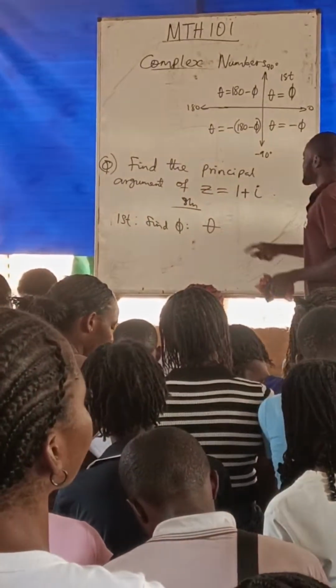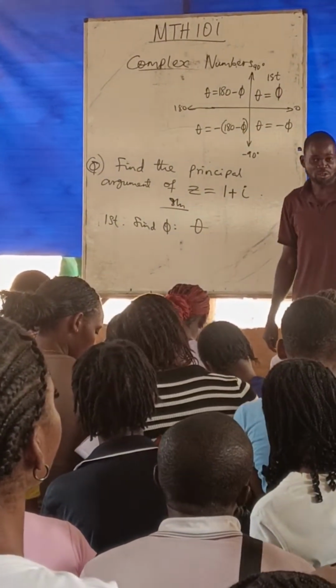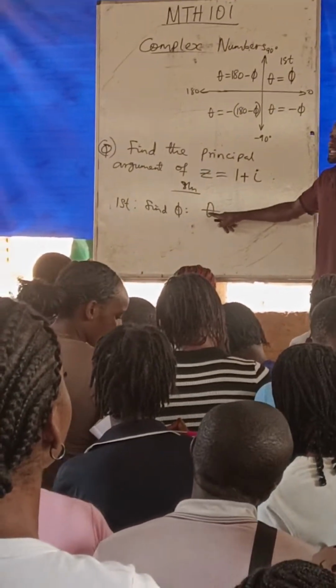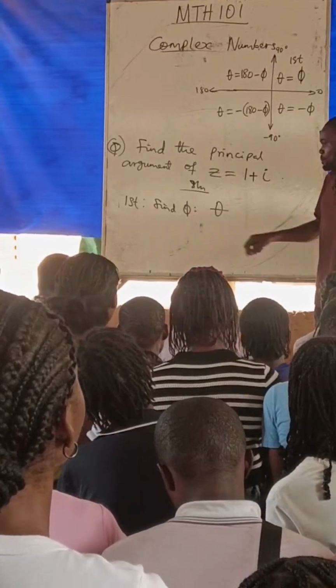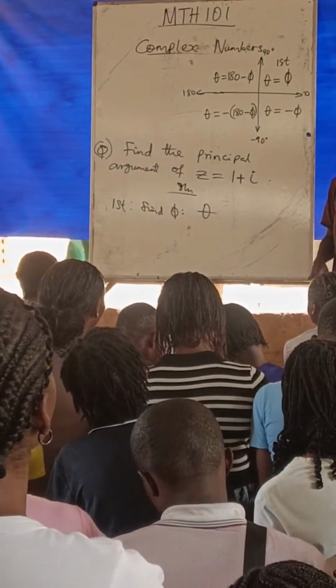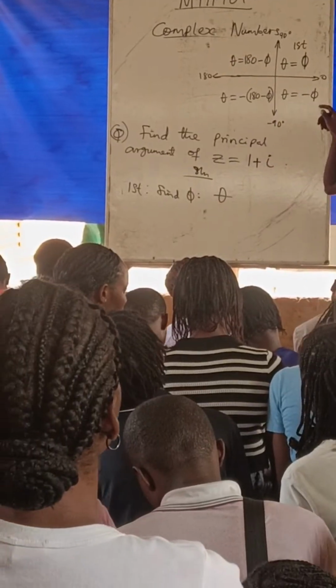The main one is theta, that is the principal argument itself. But this theta cannot be gotten directly. Don't go and get it directly so that you don't fail it. Get the reference angle first, which is the precursor. If I get it, it will then direct me to the main one.